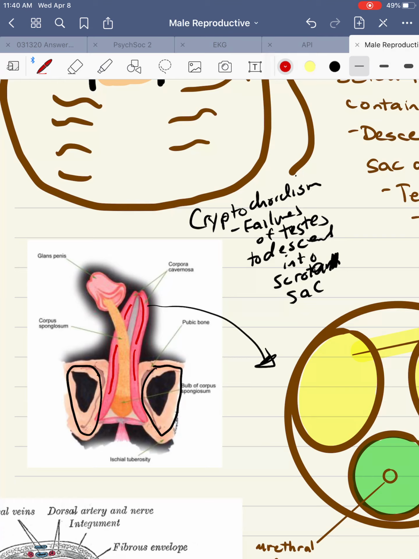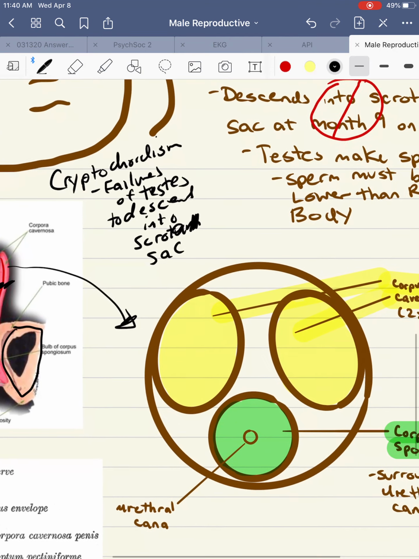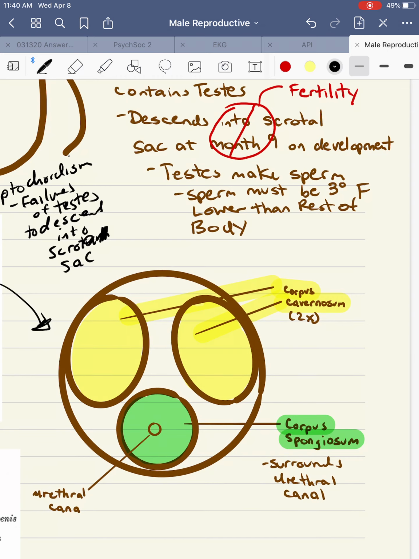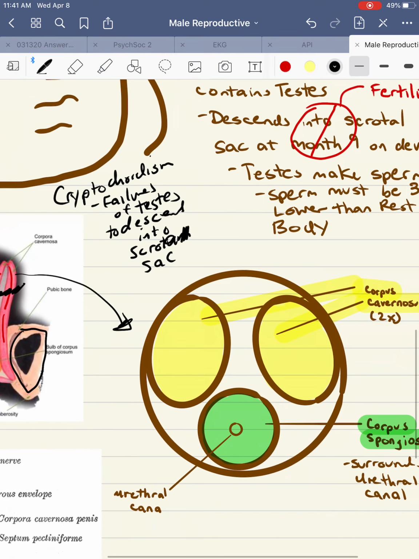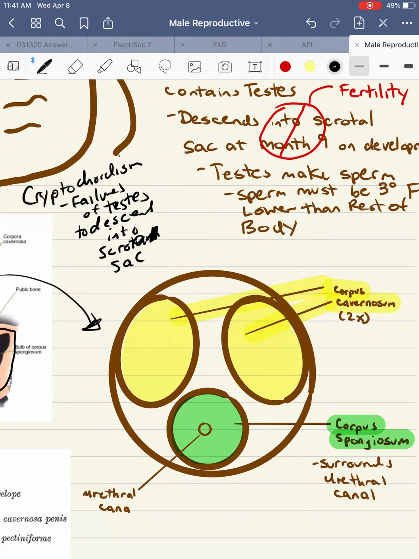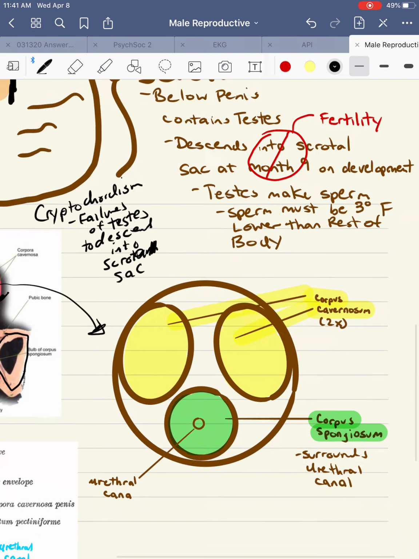Here's another diagram. Let's say we take this penis and we cut it over here, and we get the cross-section view. All I did was cut the penis over here, and now the penis is coming out of the page. There's two parts to the penis.